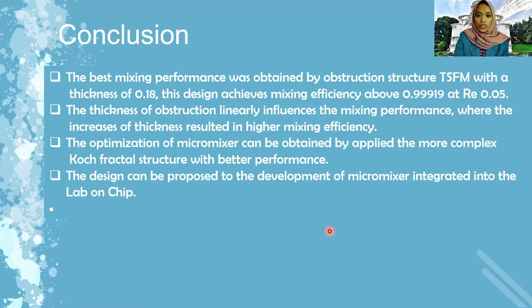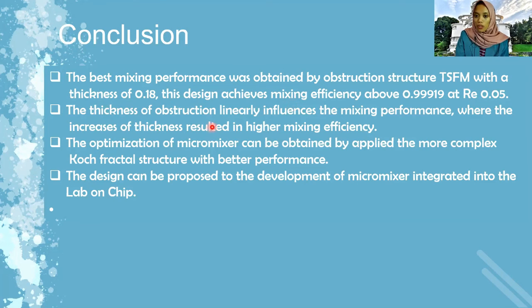And this is the conclusion. The best mixing performance was obtained by the obstruction structure TSFM with a thickness of 0.18. This design achieved mixing efficiency of about 0.99919 at Reynolds number 0.05.